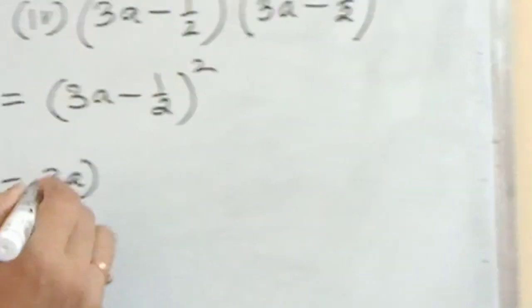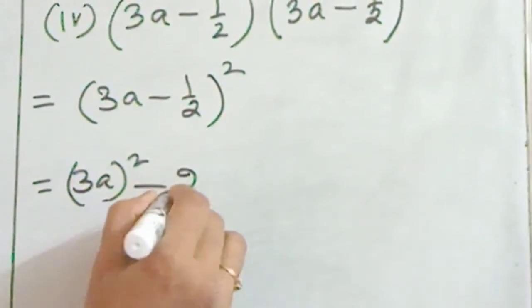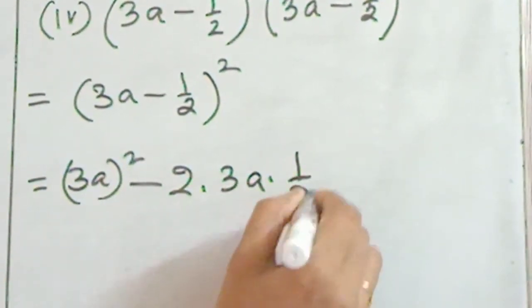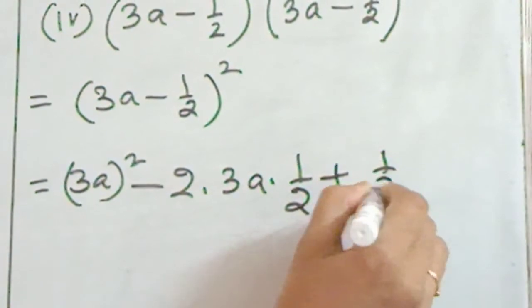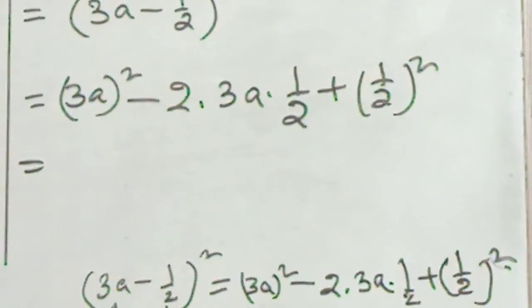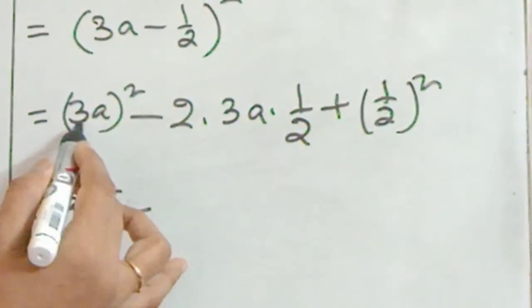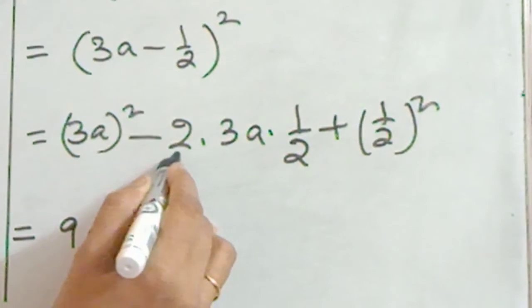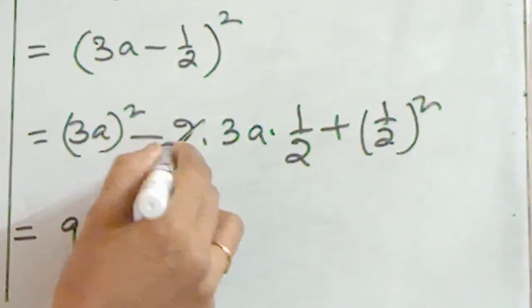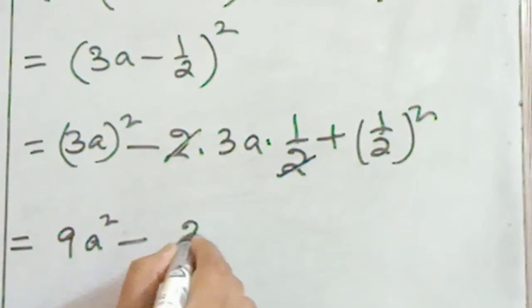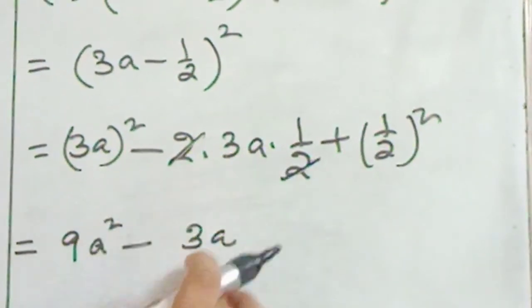Now write it here. A square minus 2 into a into b plus b square. 3 3s are 9, a square, minus, you can see 2 and 2, already into sign, so you can cancel 2 and 2, so it will be 3a only, 3a is left here.